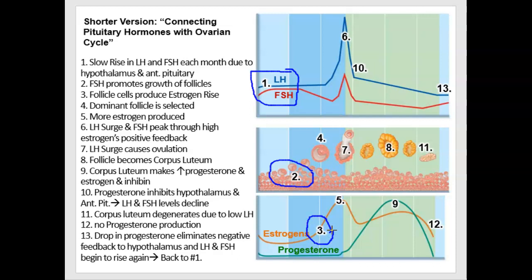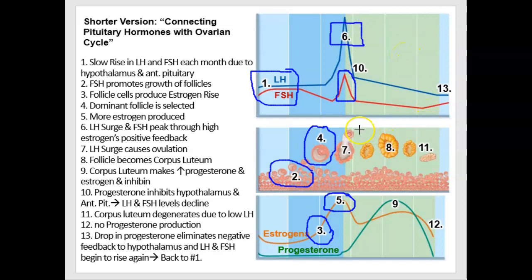The dominant follicle is selected, without talking about why or how. Dominant follicle, number 4, produces a high level of estrogen. And that estrogen causes a peak in FSH as well as the LH surge.